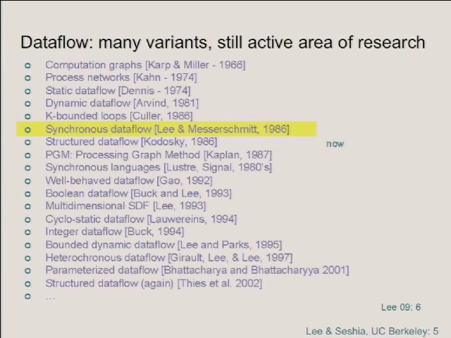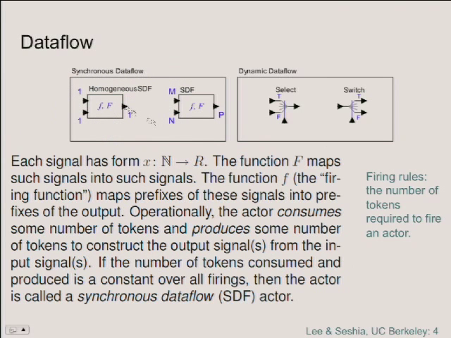So the notion is now very simple, that if you have a computation, you specify firing rules, which are integer values on the input ports that specify how many tokens you need in order to be able to perform the computation, fire the actor, as the terminology goes. And then you also specify how many tokens are going to get produced upon firing that actor.